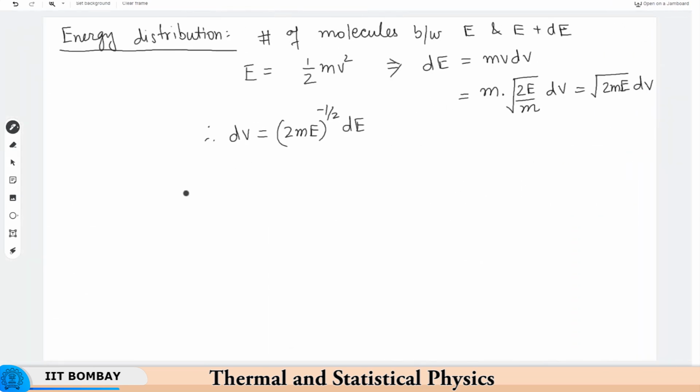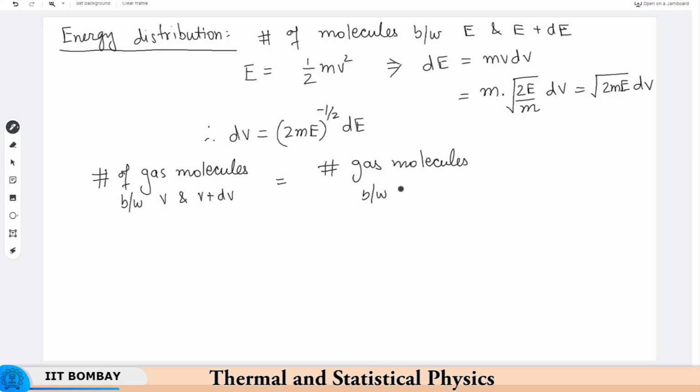But we are making a very subtle assumption: we are assuming that the number of gas molecules between V and V plus dV is exactly equal to the number of gas molecules between E and E plus dE, or in terms of notation we can write d of N_V equals d of N_E.